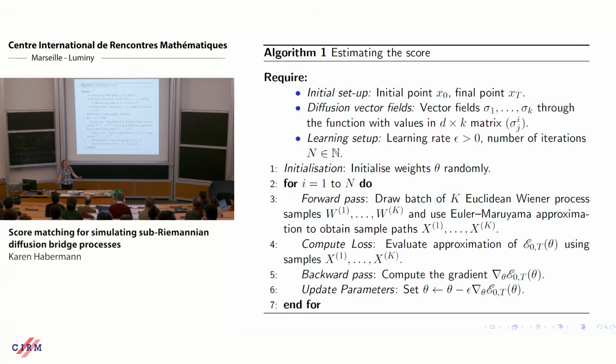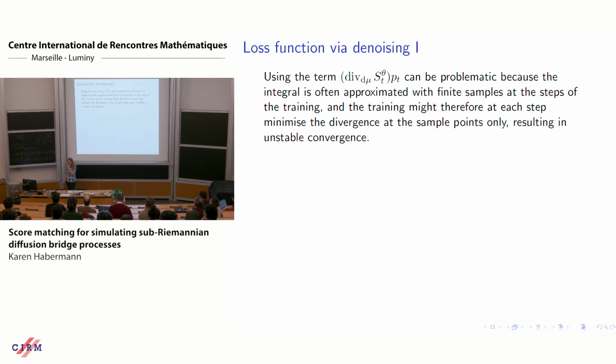And basically, if everything was nice, we'd be done at that point. But there are a few problems with that loss function. The first one is that we have the divergence of the approximated score appearing. Because we only deal with finite sample points, that can lead to unstable convergence, since we optimize things at our sample points, and that doesn't necessarily give a particularly stable convergence.